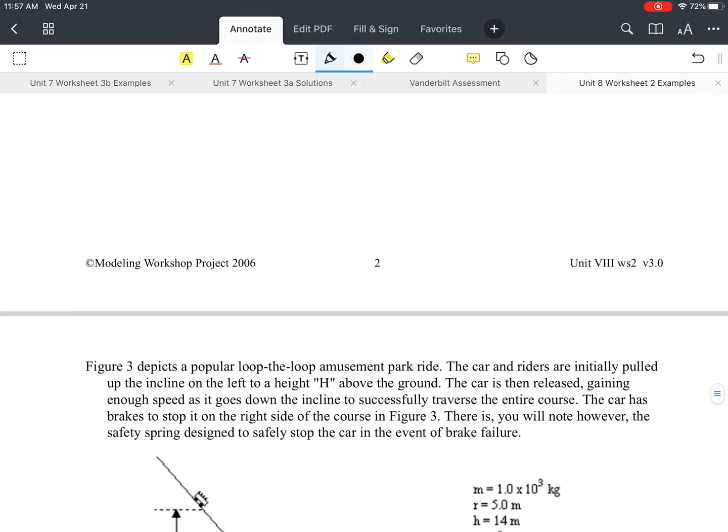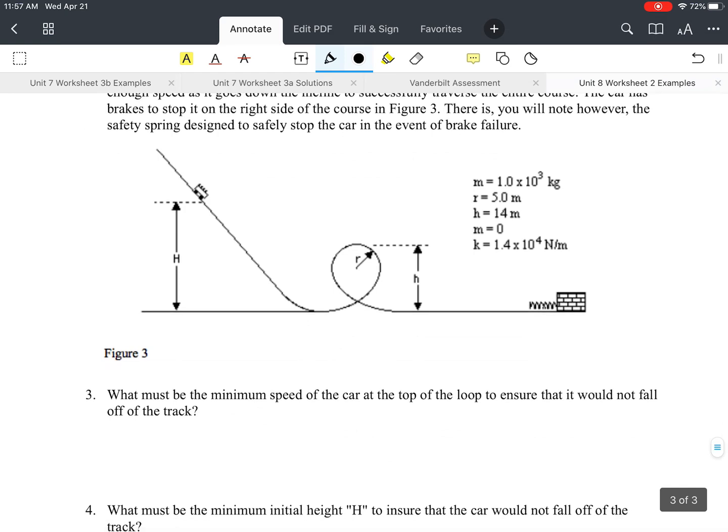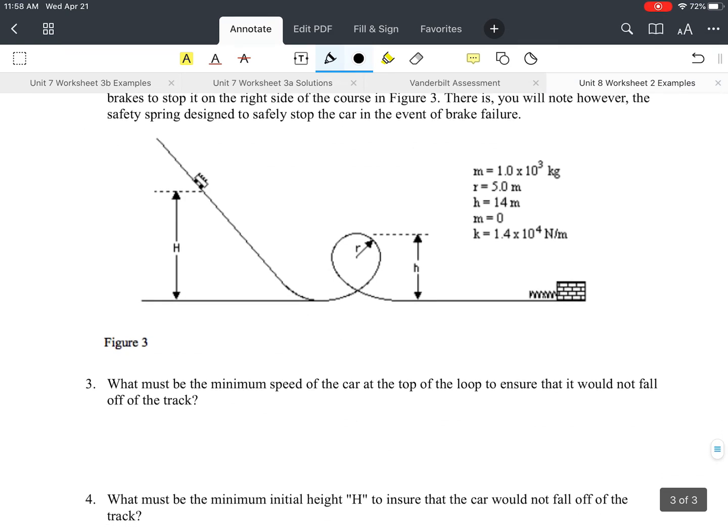All right, so moving on to 3. 3 is an awesome problem because it combines circular motion and it combines energy. So we do have to take some of what we learned last unit and apply it to this unit. When we're talking about energy, we're talking about the roller coaster car having some gravitational energy up here, and we'll say that's our initial state.